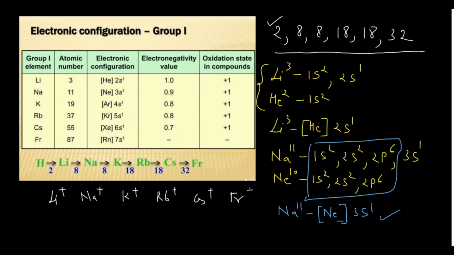If I write like that, I have removed one electron from the outermost shell, right? So what result am I getting? I am getting the noble gas configuration: helium, neon, then argon, krypton, xenon, and radon.